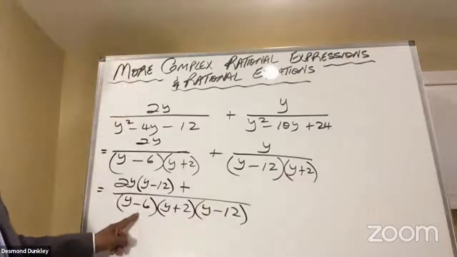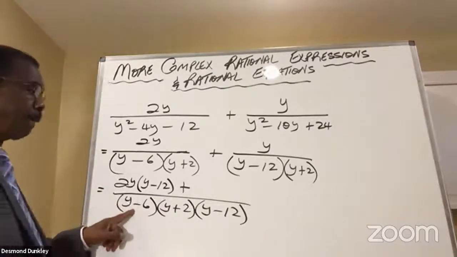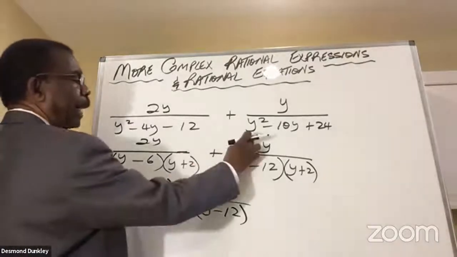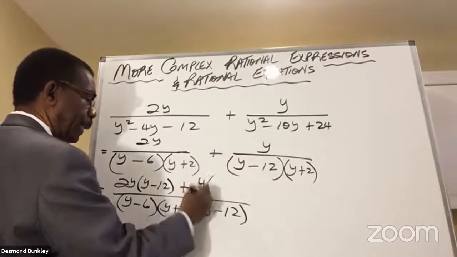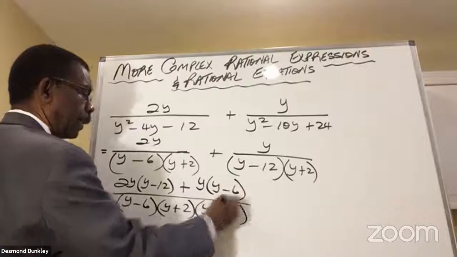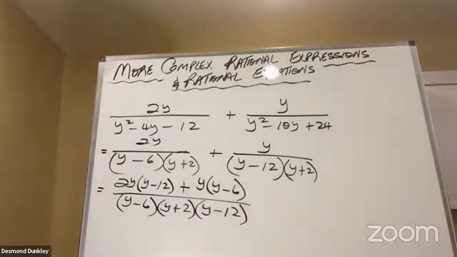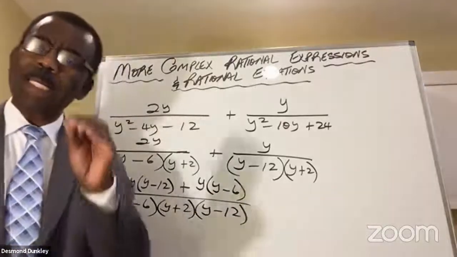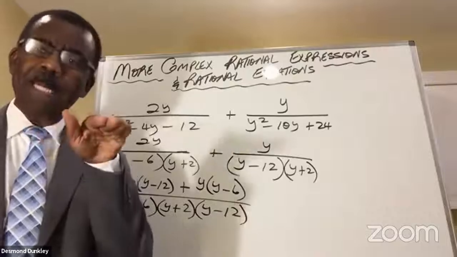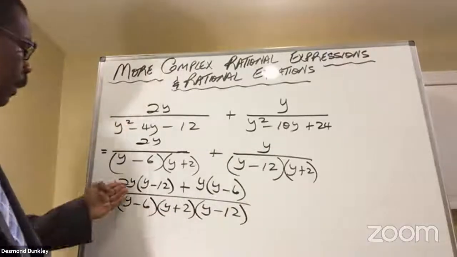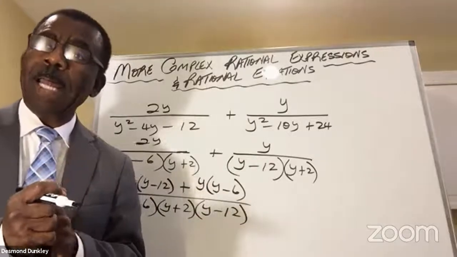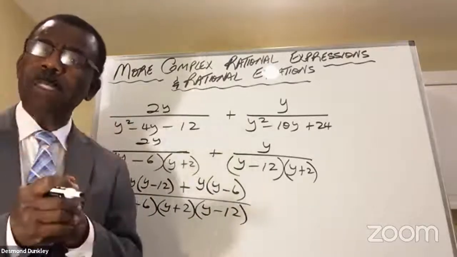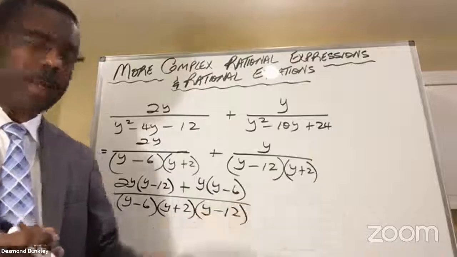We see a y minus 6. So we have to take the y minus 6 and multiply the top to keep it the same fraction. So it's going to be y times y minus 6. We never expand the denominator. However, the numerator, we expand, simplify, and then see if anything can cancel from the bottom.